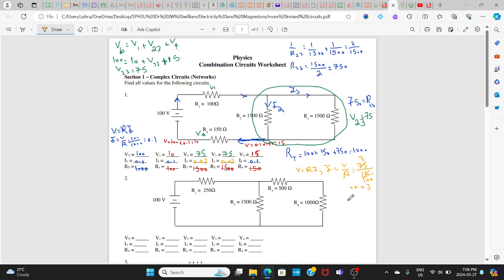So 75 divided by 15... sorry, it's just 15 here is 75. Let me just do that again.